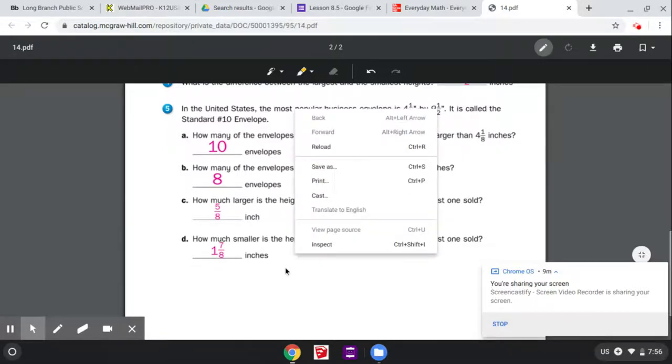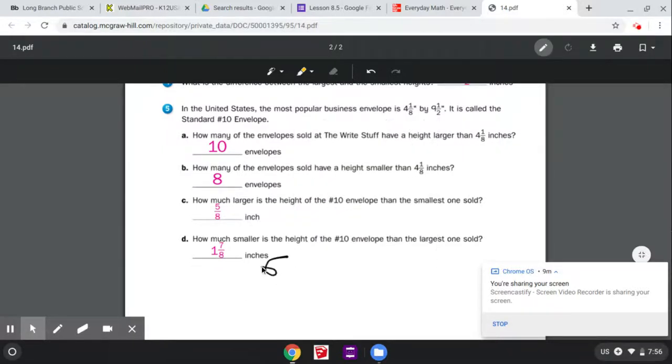So if you do 6 minus 4 1/8, right? Same thing.